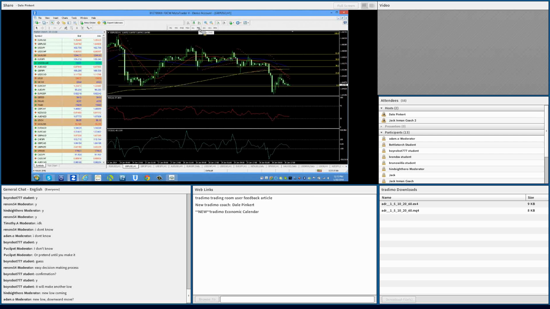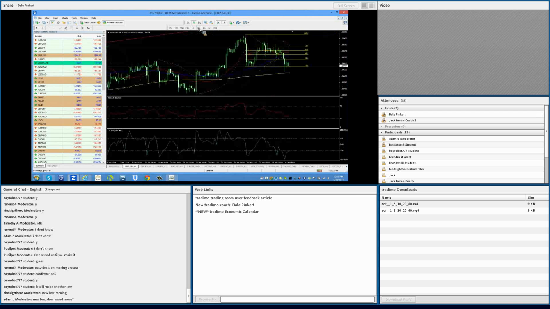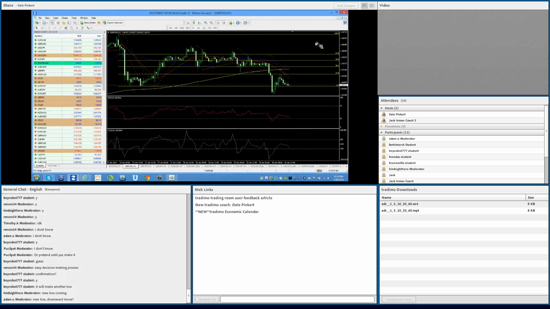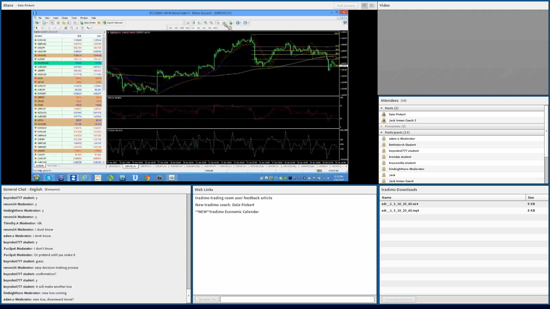Let's go to what the pound did last Friday at the top. Okay, confirmed high, and then we started to diverge in the pound, right? So as we started to diverge here, the probability of a new high was lessened.